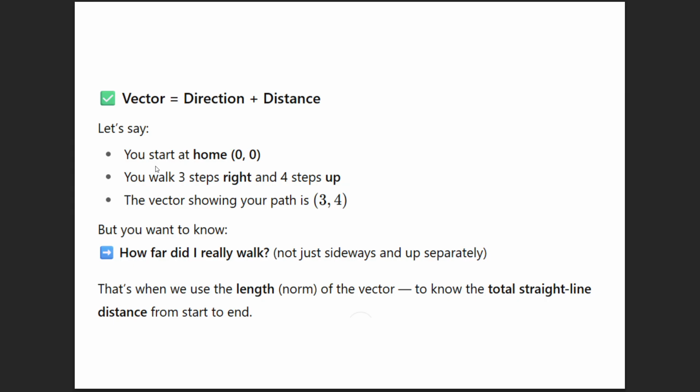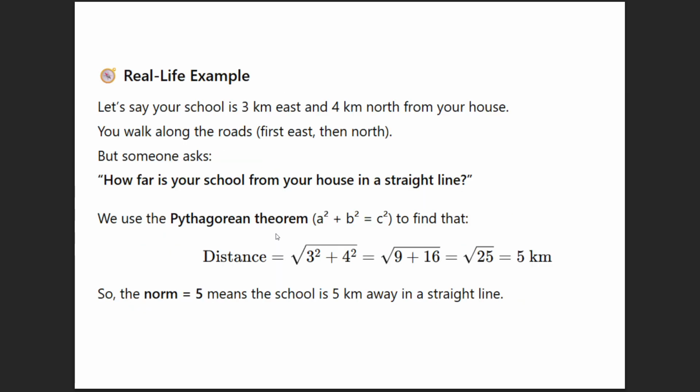Let's say you are walking from your home. When you are at home the value is (0, 0), and you walk 3 steps and 4 steps up, so the vector shows your path as (3, 4). Now we have moved from our home to some place, and we want to know how far we have walked. That is the length we have calculated, so we applied the formula like this and got the value 5.